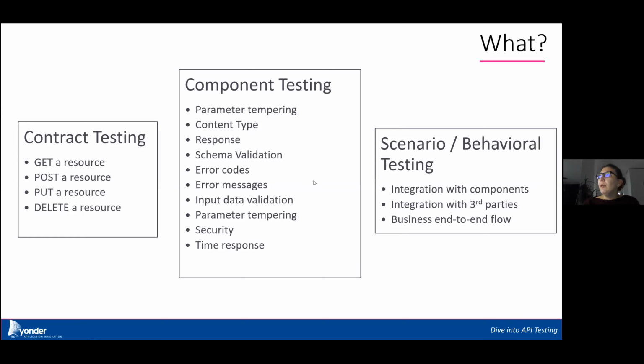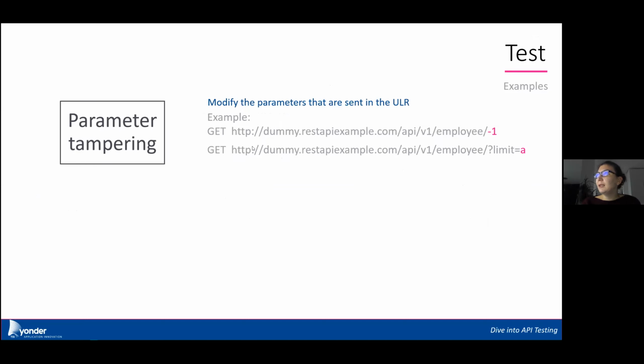Okay, I would like to go into details on the component testing part and take each of them with some examples to be a little bit more detailed. So we have parameter tampering. It is the concept in which we can modify the parameters that we are sending in our URL.